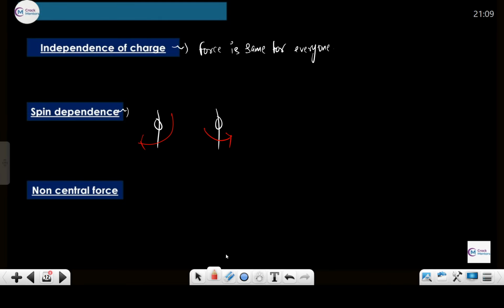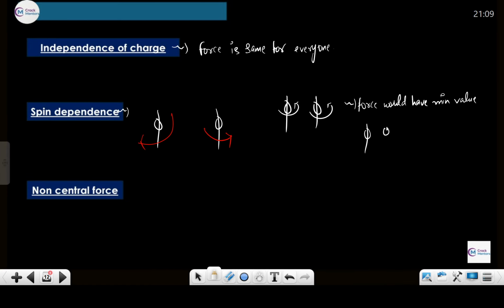On the basis of spin, the force value also changes. If the spins are rotating in the same direction, then the force would have minimum value.